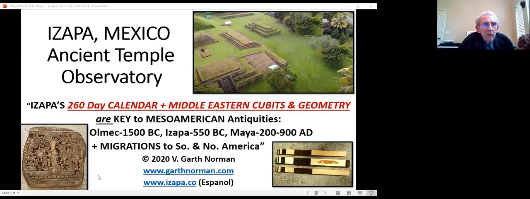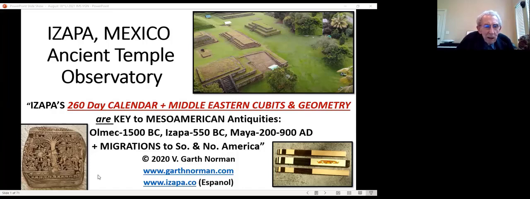Izapa, Mexico, Ancient Temple Observatory. Izapa's 260-day calendar, plus Middle Eastern cubits and geometry are key to my studies of Mesoamerican antiquities.